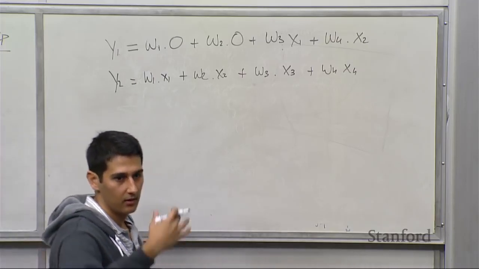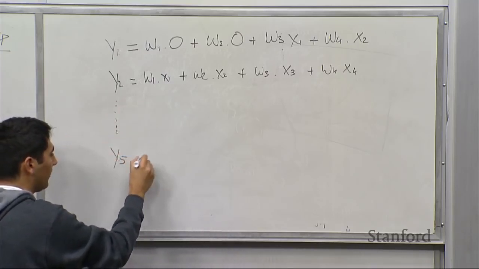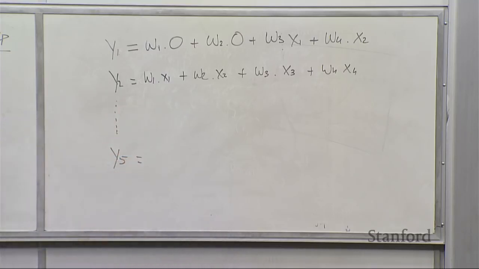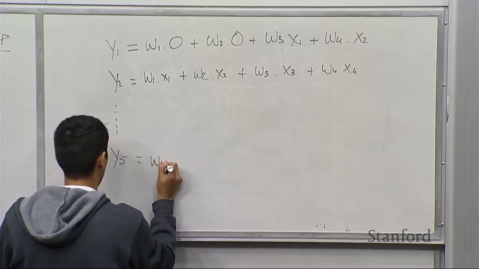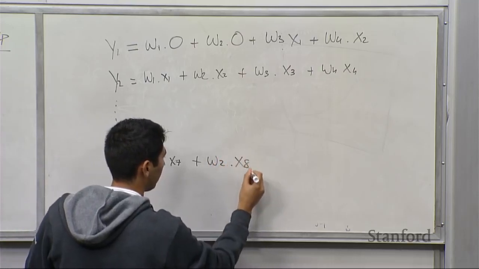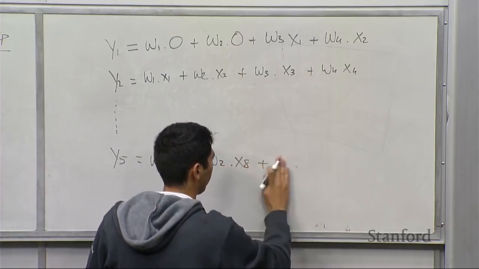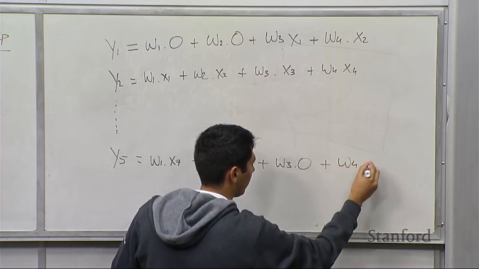Same thing, we will do it for all the y's until y5. And we know that y5 is the element-wise operation between the filter and the 4 last numbers here, summing them. So it will give me w1 times x7 plus w2 times x8 plus w3 times 0 plus w4 times 0.